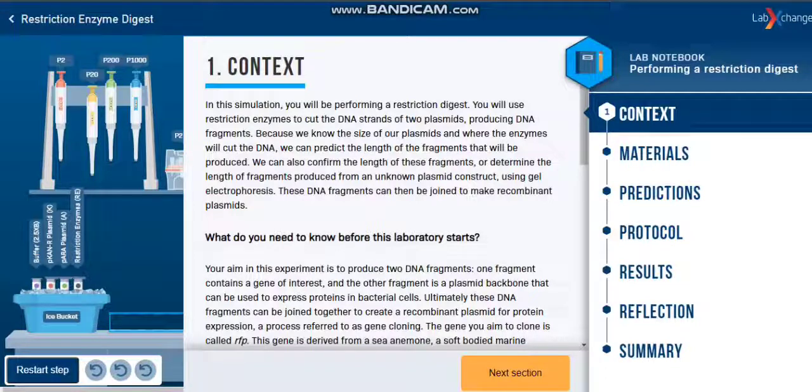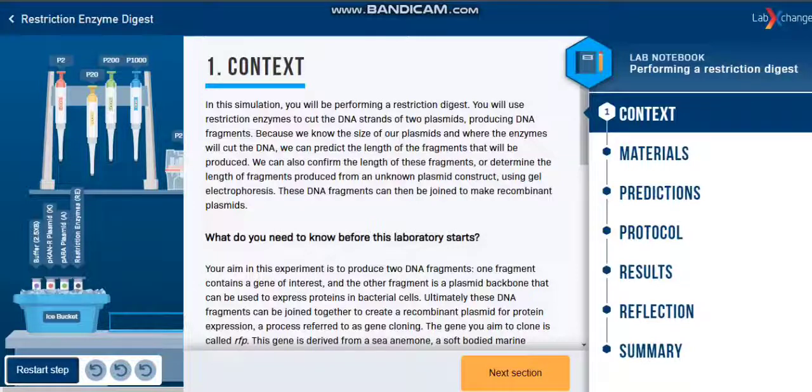So in the simulation, we'll be performing a restriction digest. You will use restriction enzymes to cut the DNA strand of two plasmids, producing DNA fragments. Because we know the size of the plasmids and where the enzyme will cut the DNA, we can predict the length of the fragments that will be produced.